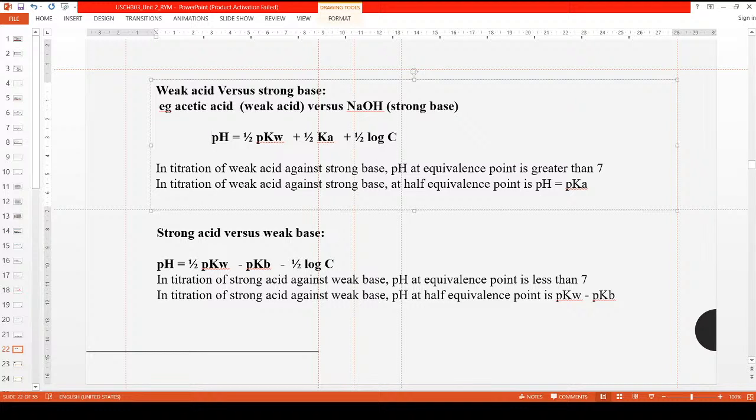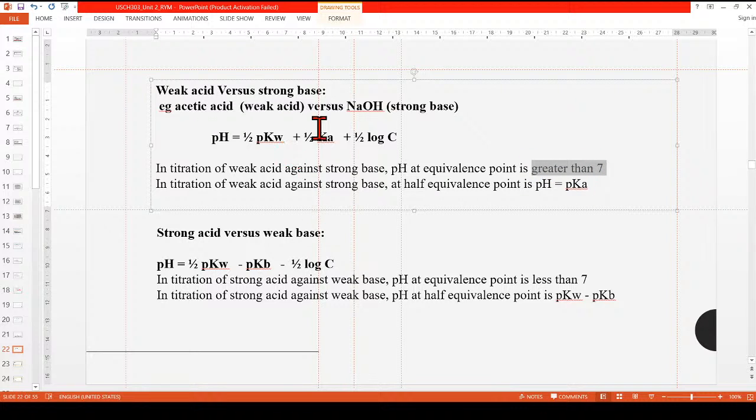Since your acid is weak, you will have to consider its degree of dissociation, and also how much concentration of conjugate base is formed, and that time it will be more strong. So pH is calculated using this equation. And again, remember, in this titration, weak acid against strong base, pH at equivalence point is always greater than 7.